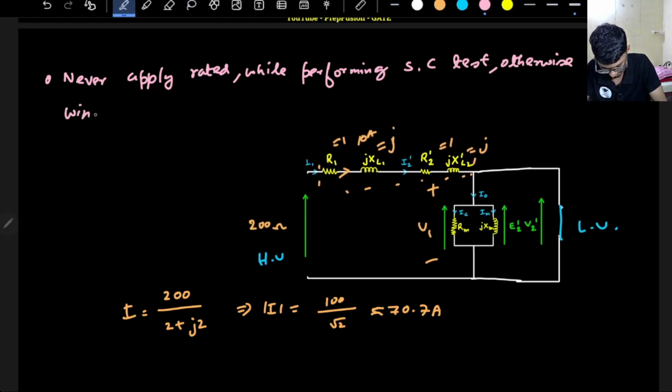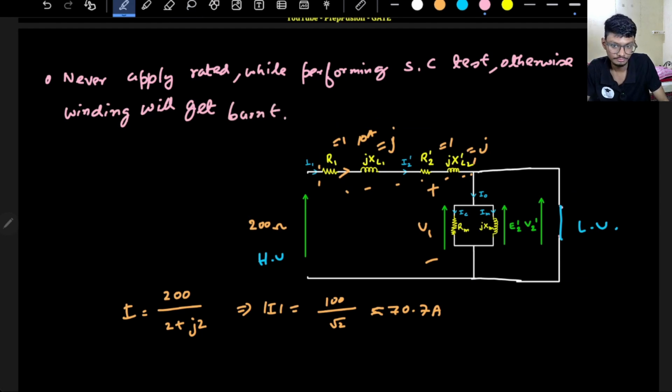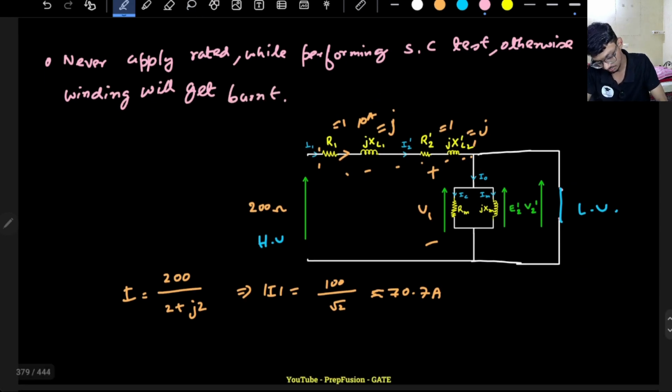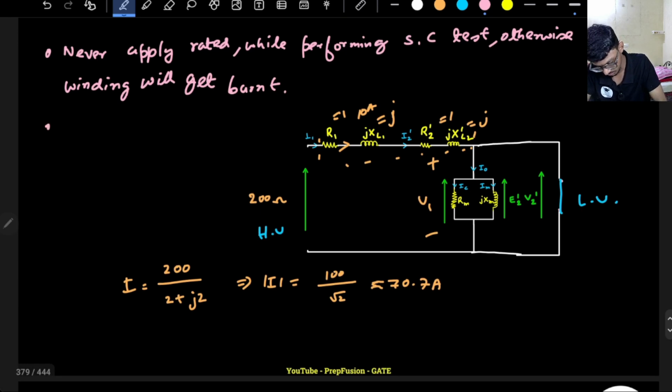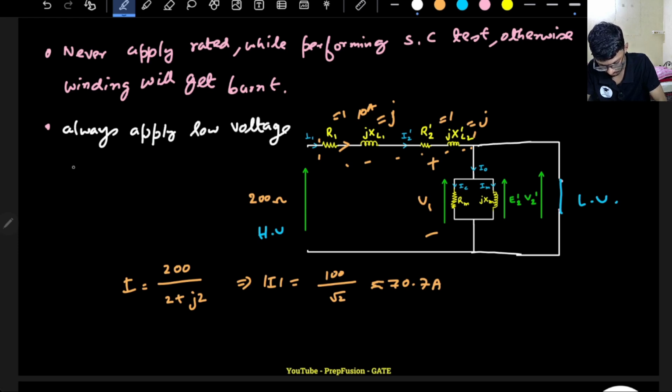So always apply low voltage while performing the short circuit test.